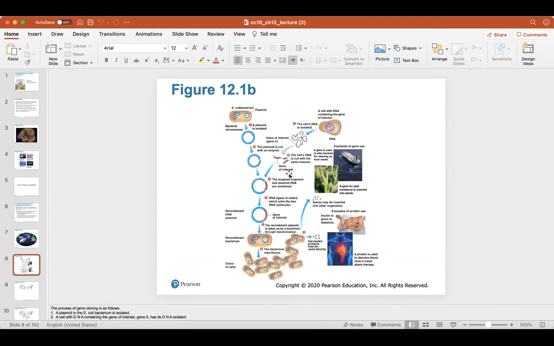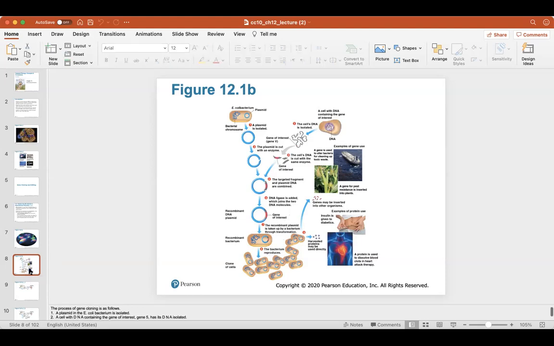And then the targeted fragment and plasmid DNA are combined. DNA ligase is added, which joins the two DNA molecules. And then the recombinant plasmid is taken up by the bacterium. The bacterium then reproduces, and then the gene is cloned in it. So this is kind of a long process.